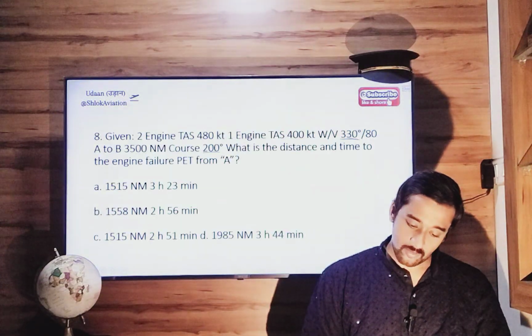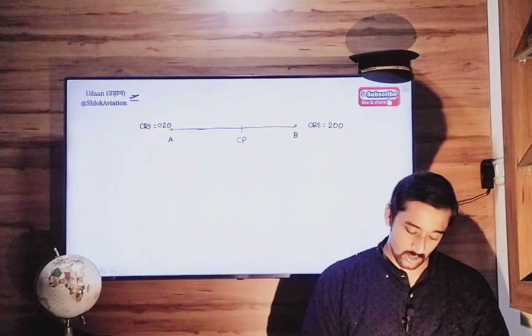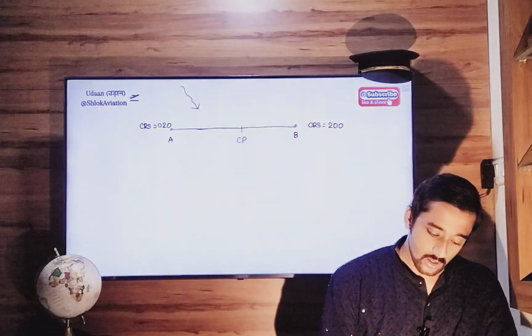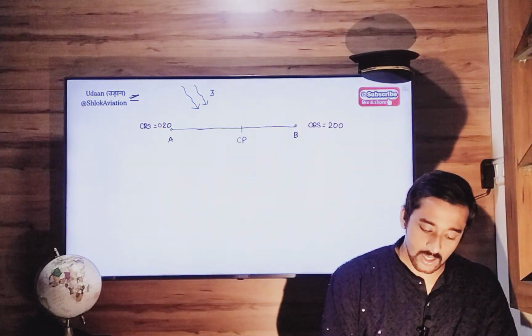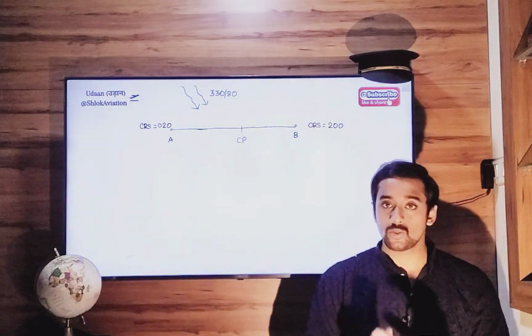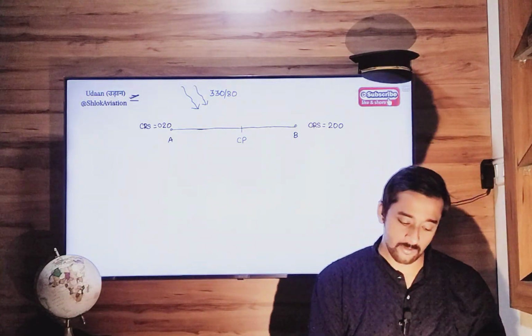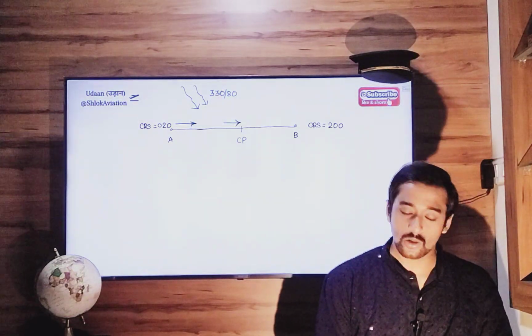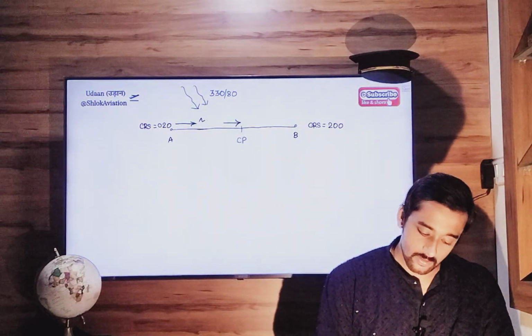Winds are coming from 330 at 80 knots, somewhat like this. Your aircraft is functioning perfectly fine as you go from A to this critical point.